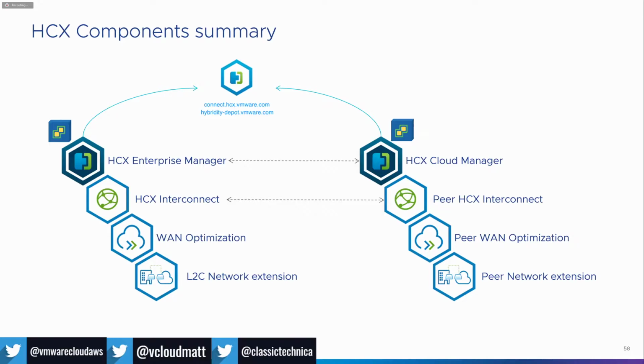They handle all that internally, but the WAN optimization appliance is specific to the HCX interconnect, which I'll show you here. They only talk for your replication traffic, and they do a lot of dedupe and caching to save bandwidth on your replication traffic, but they don't apply to the layer 2 networking.